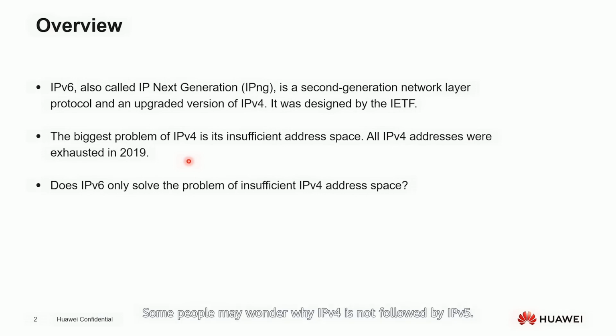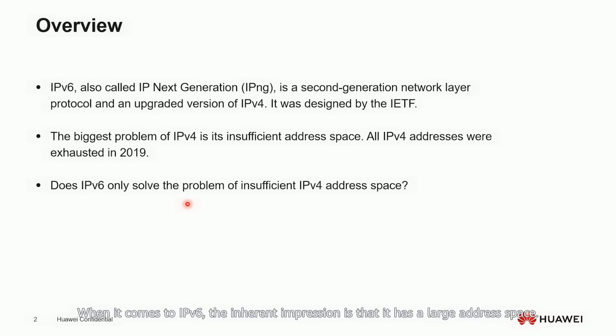Some people may wonder why IPv4 is not followed by IPv5. IPv5 is an experimental resource reservation protocol that aims to provide service quality. IPv5 inherits the 32-bit addressing of IPv4, so insufficient address space is also its fatal problem and it was abandoned before it became a standard.